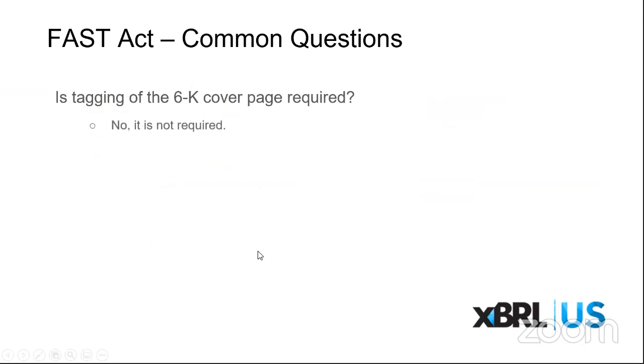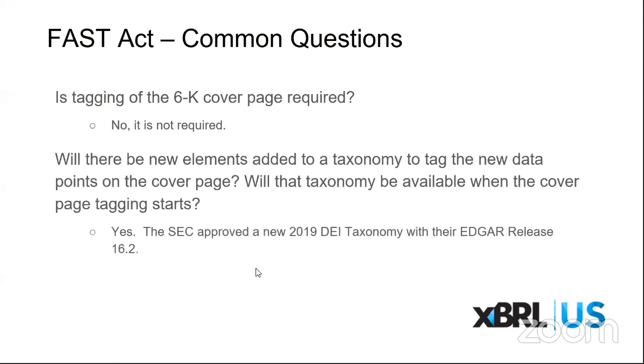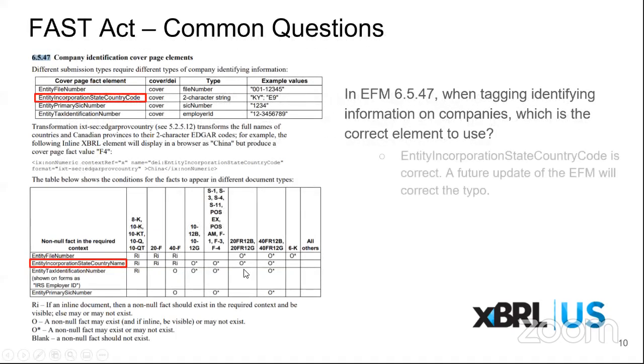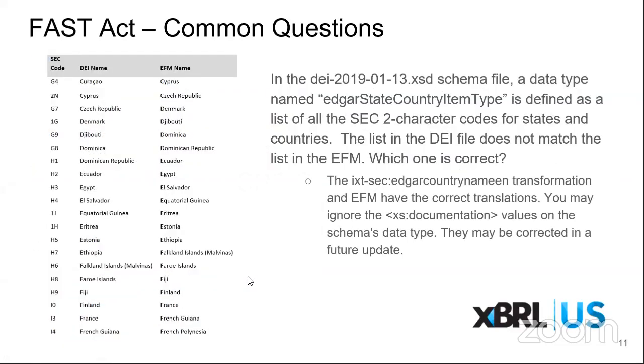The first question we got is, all Form 8Ks are required to have the cover page tagged regardless of whether it contains financial information. Lisa, is that a correct statement? Yes, that is correct. The cover pages of 8Ks, once you filed that first 10Q in inline, then any 8K, whether it has financial information or not, is required to be tagged.